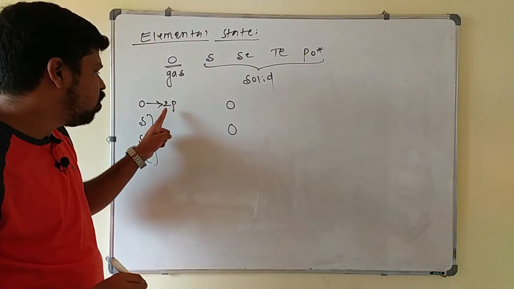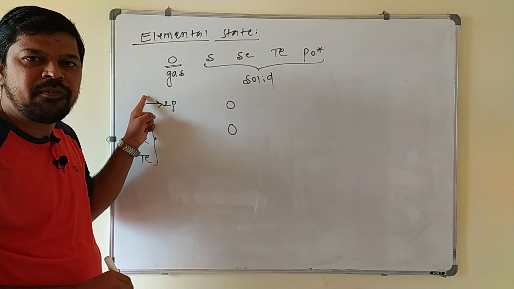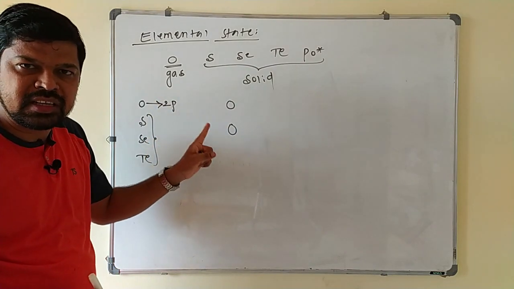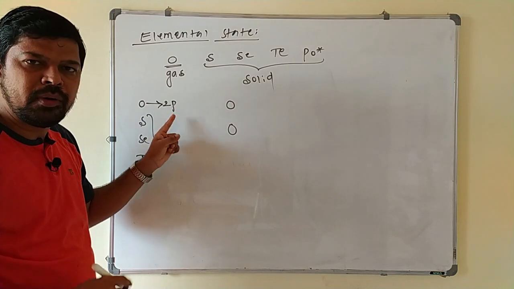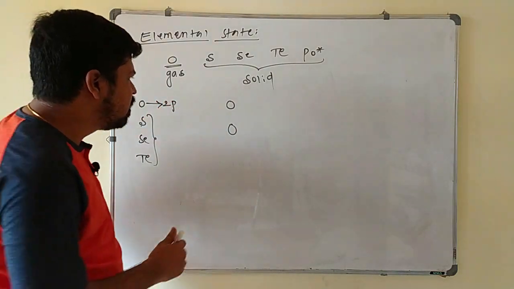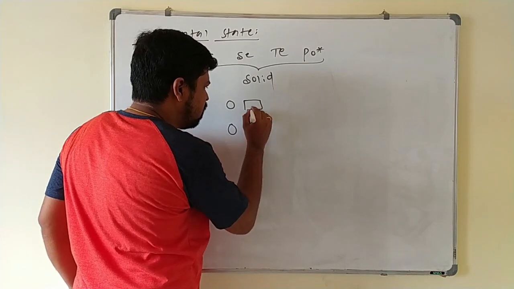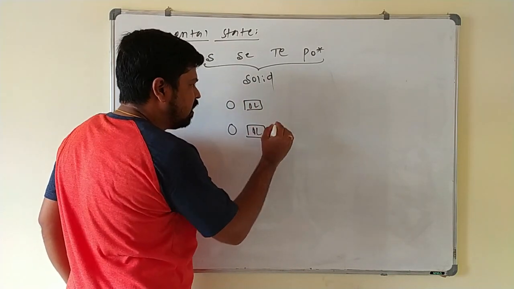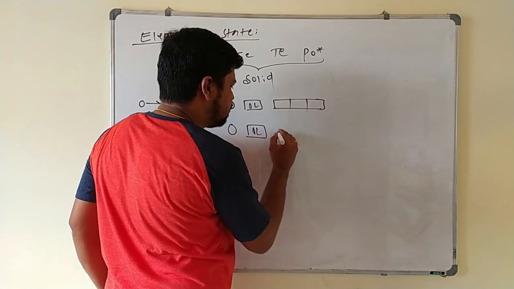Because of the smaller 2p orbital only, oxygen has the ability to form pπ-pπ multiple bonds. Already we have discussed that a pπ-pπ multiple bond is stable only in case of a smaller 2p orbital because of effective overlapping. So I will take these as the 2s electrons of oxygen, 2 electrons here and 2 electrons here, and the 2p electrons of this oxygen like this.